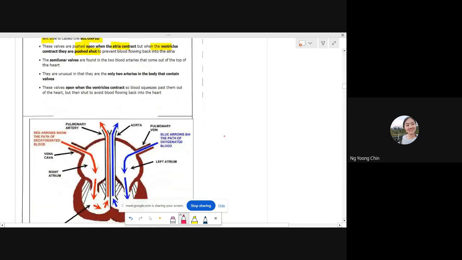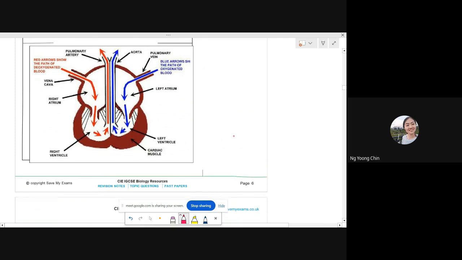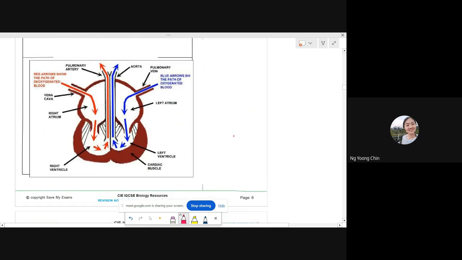So you can imagine it this way, like this. This is what we call the right side and the left side. This is the tricuspid valve. This is the bicuspid valve. The bicuspid valve will open like this if the atrium itself increases in pressure.